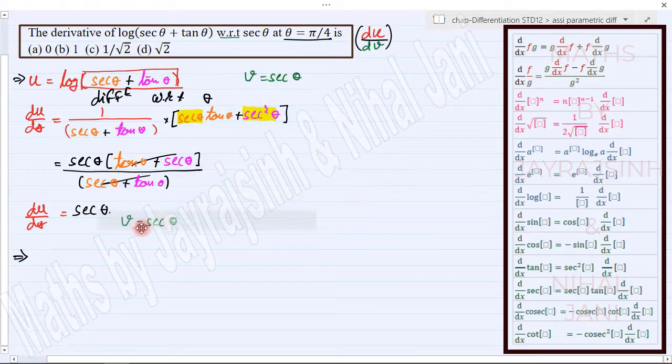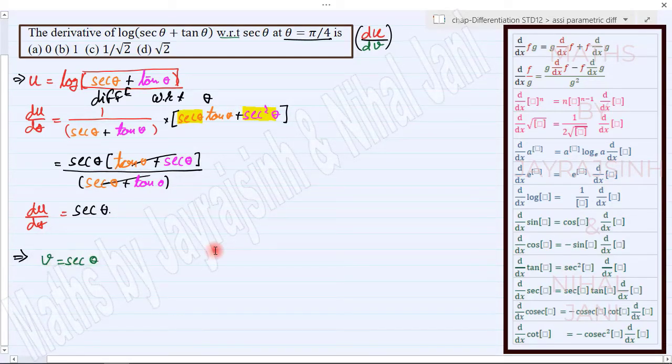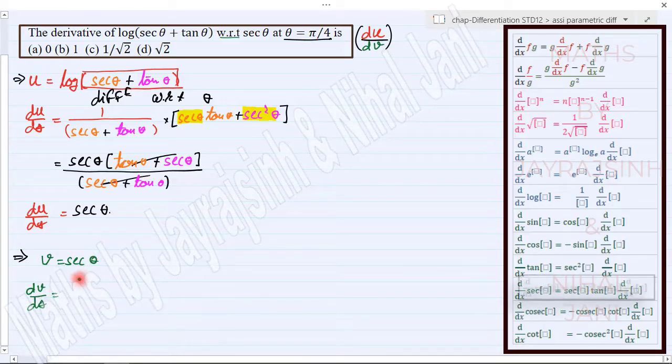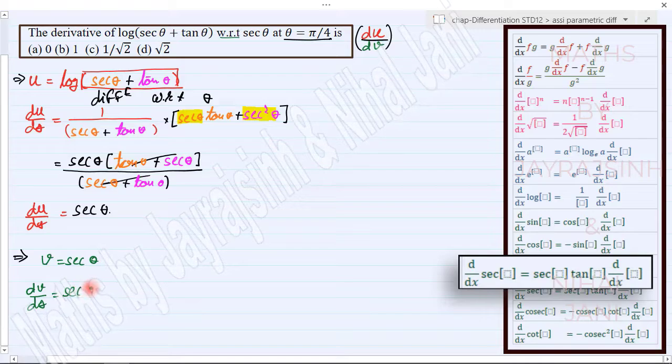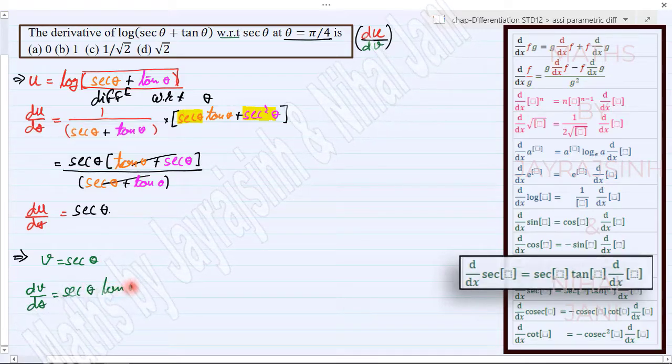Now let's try to get dv by d theta by differentiating our v with respect to theta. So differentiation of sec theta is simply sec theta tan theta.